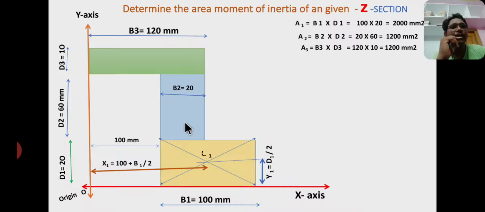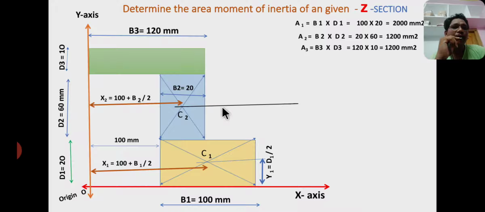Okay, similarly I am drawing the diagonal lines for second section. C2 is the centroid of a second rectangle at a distance of x2 from y-axis and y2 from x-axis. Okay, this is y2, this is x2. The horizontal distance between y-axis and centroid is called x2. X2 equal to gap, this is gap 100 mm plus half of the base, that is 100 plus b2 by 2.